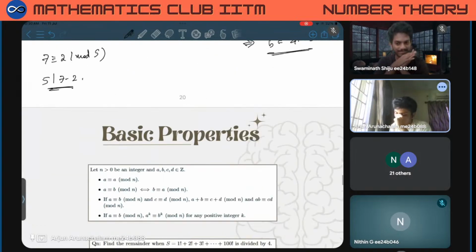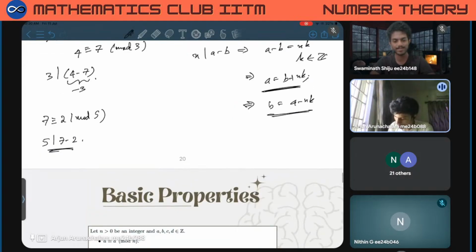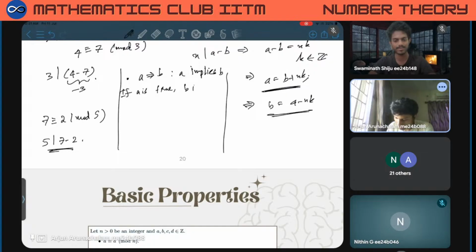So let's discuss some basic properties of modular arithmetic, and before that, something about symbols. This states that a implies b. So if a is true, b is true.